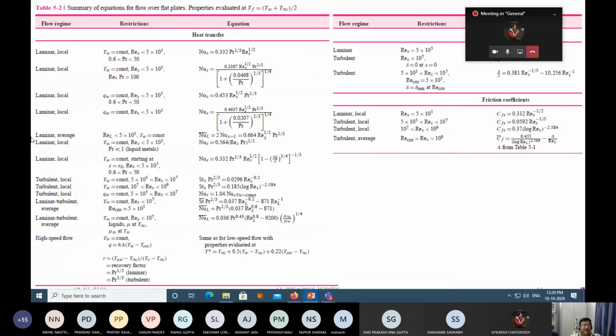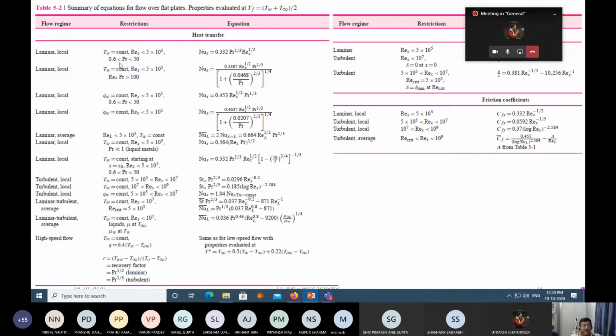So you can see people have done different types, laminar, local. Tomorrow we'll do the tutorial, so there you will see that we will create all these different types of flow situations, and we will use these analogies in a very different manner in order to solve those problems.